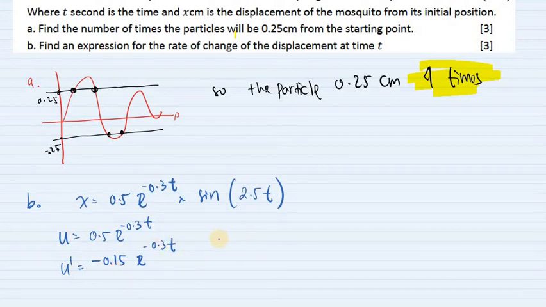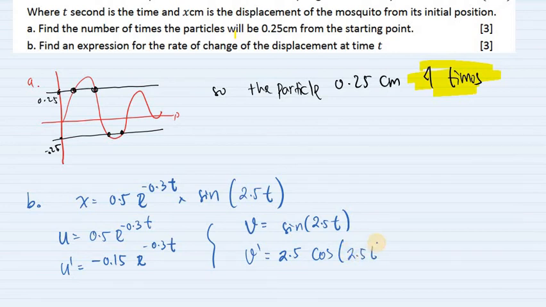Okay, let's calculate the v. Then v will be sin 2.5 t, and v accent equals 2.5 cos 2.5 t. This 2.5 is coming from the derivative of the bracket.